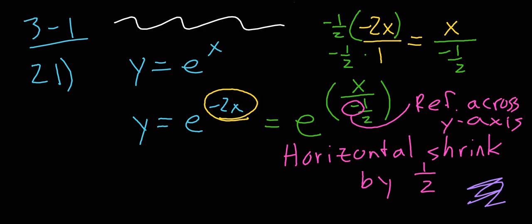Can you visualize what the original graph looks like? Y equals e to the x. What's it look like? You should all know what this looks like. You should be able to draw it just quickly. If you don't know how to draw that quickly, we've got problems. What does y equals e to the x look like?